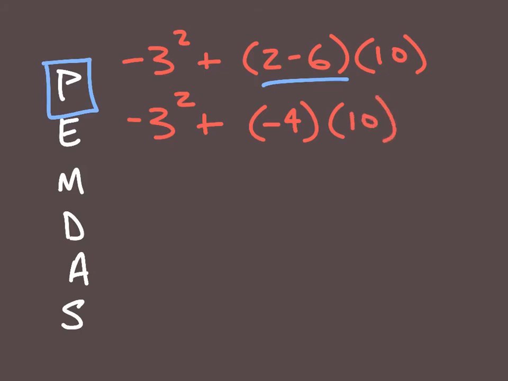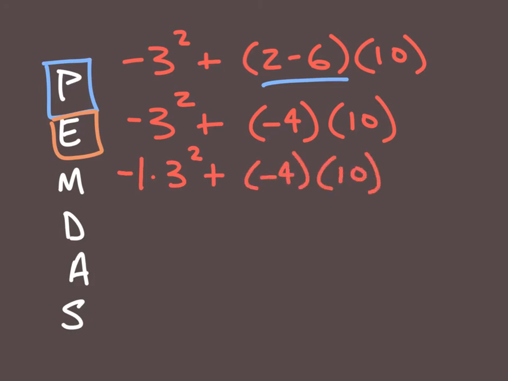Now I'm looking for exponents, and I see that I have this thing here that says negative 3 squared. This is a little bit of a nuance, and kind of confusing, but I'm going to write this out. When I have negative 3 squared, I'm really doing negative 1 times 3 squared, plus negative 4 times 10.